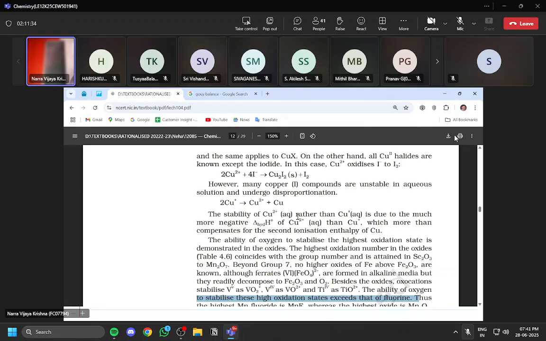See, the stability of copper +2 rather than copper +1 in aqueous is due to much more negative enthalpy of hydration, right? Which more than compensates its second ionization enthalpy of copper. So to convert copper to copper +2, I require ionization enthalpy. Compared to that, its enthalpy of hydration is more negative. That's why in aqueous medium, copper +2 is stable, right? In remaining cases, copper can show +1 state. Understood? So I am writing the same point.